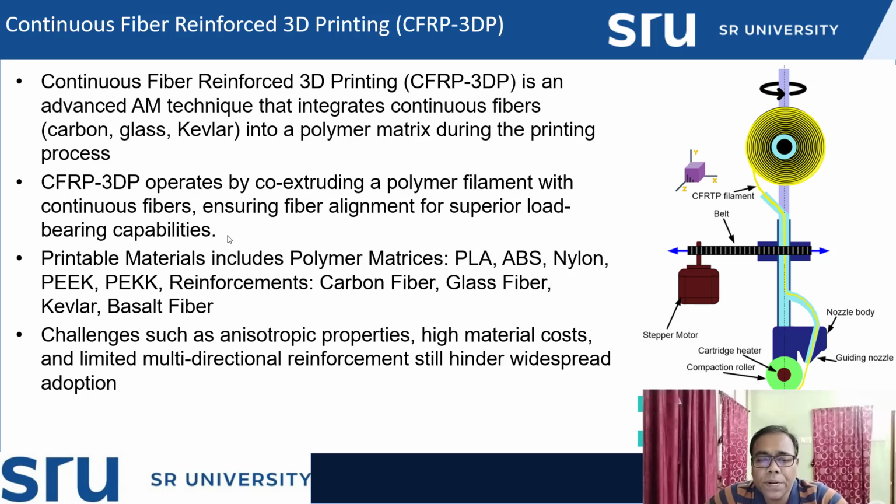Some of the printable materials include PLA, ABS, nylon, PEK, and similarly carbon fiber, glass fiber, and Kevlar fiber act as the reinforcement material, while PLA, ABS, nylon and PEK act as the binding material, or you can say matrix material. Some of the challenges of this process include anisotropic material.